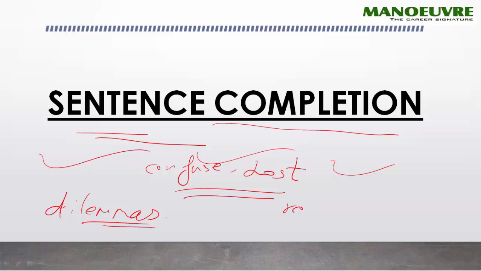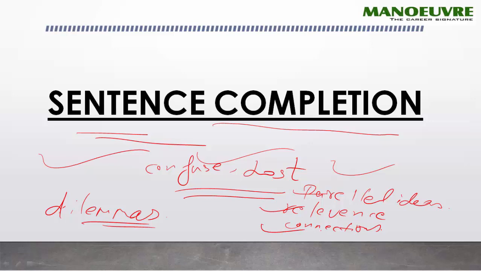Now, relevance is one thing we can use while doing our sentence completion task, and connections, right? Connections is one thing, and the usage of parallel ideas. These three things will help us make a connection within a sentence by establishing a relation between the words before and after the blank. Correct?